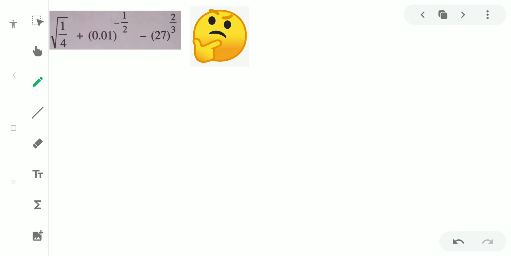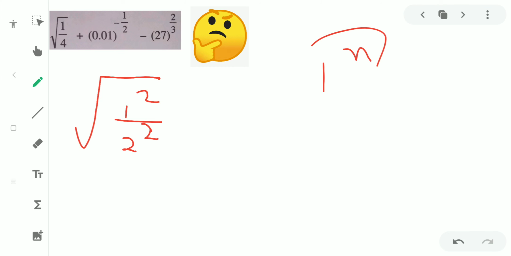So root over 1 by 4 I will write as root over 1 square by 2 square. 1 is nothing but 1 square. You can write 1 power any number, the result will be 1.